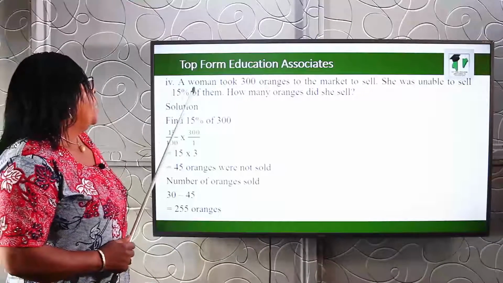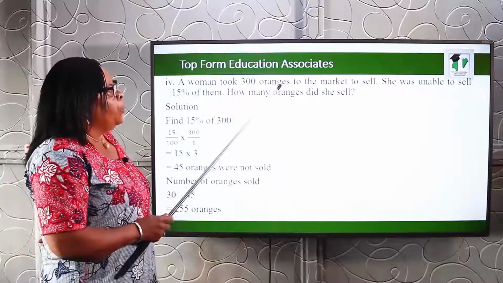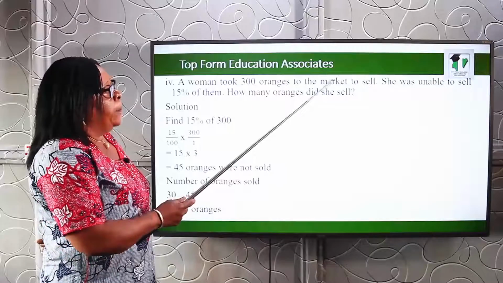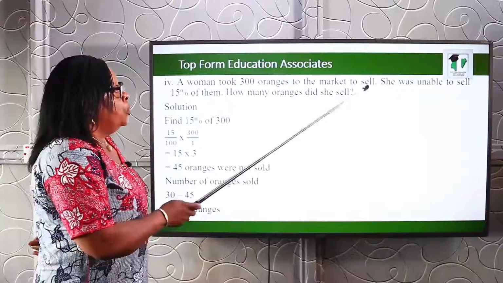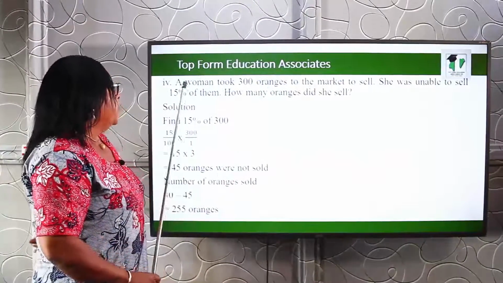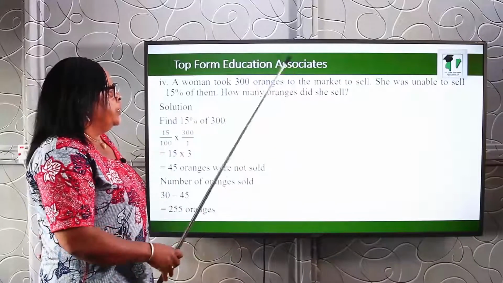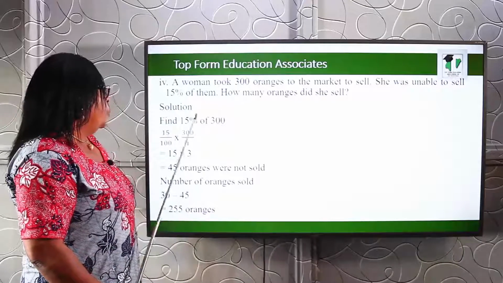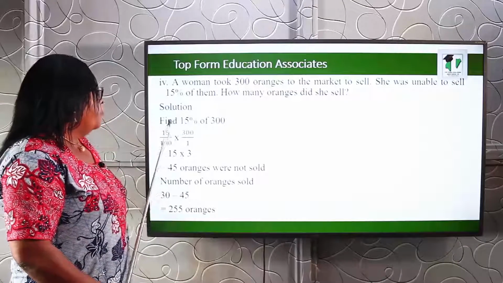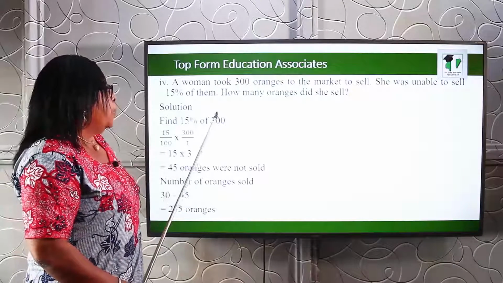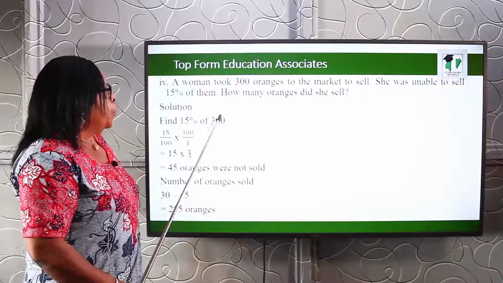Example 4. A woman took 300 oranges to the market to sell. She was unable to sell 15% of them. How many oranges did she sell? Solution. We'll first of all find 15% of 300 oranges.